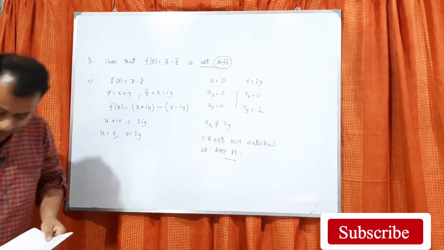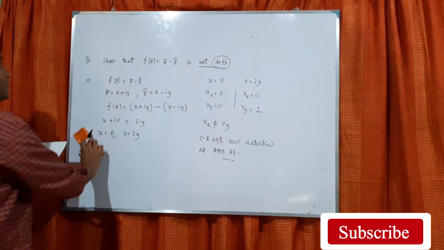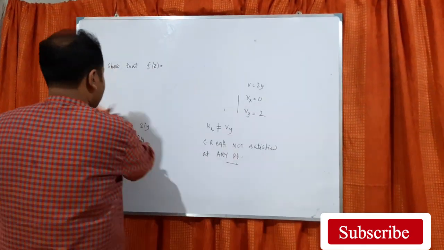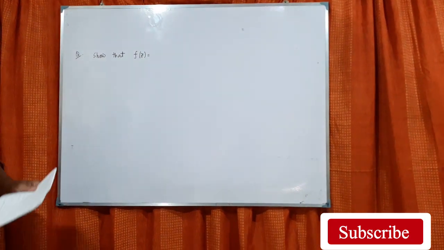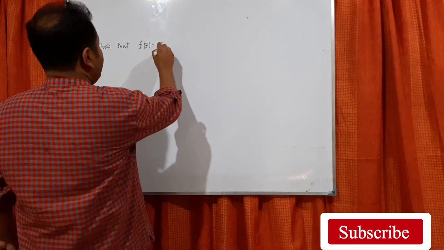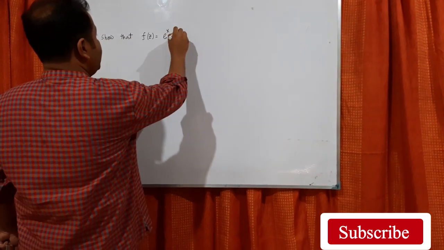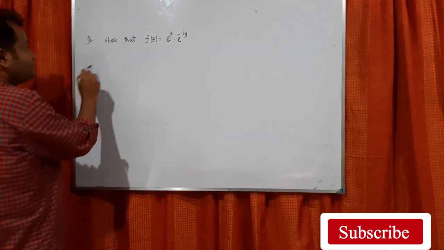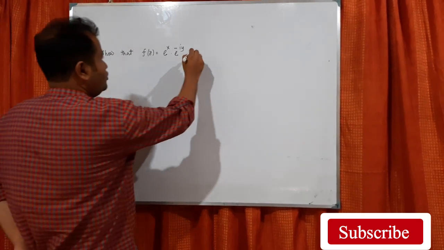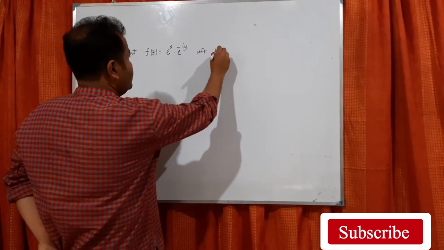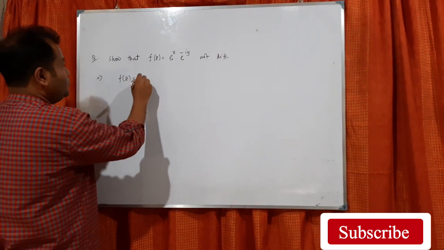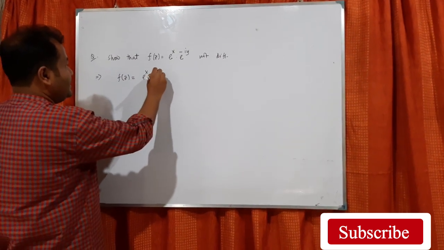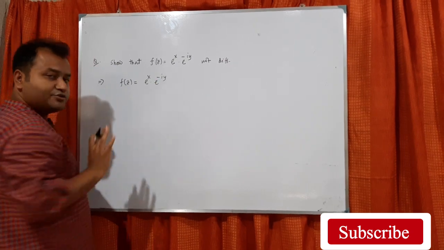Okay, let me give another example quickly. The same problem but a different example, e to the power x into e to the power minus iy. This is also not differentiable. So f(z) equals e to the power x into e to the power minus iy. It is given in xy form.